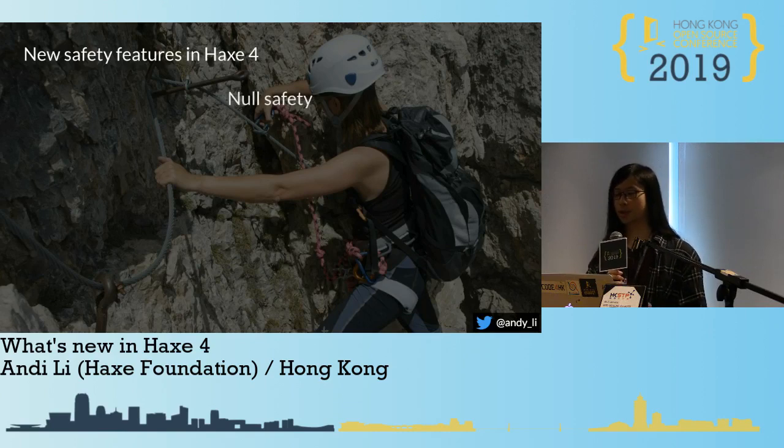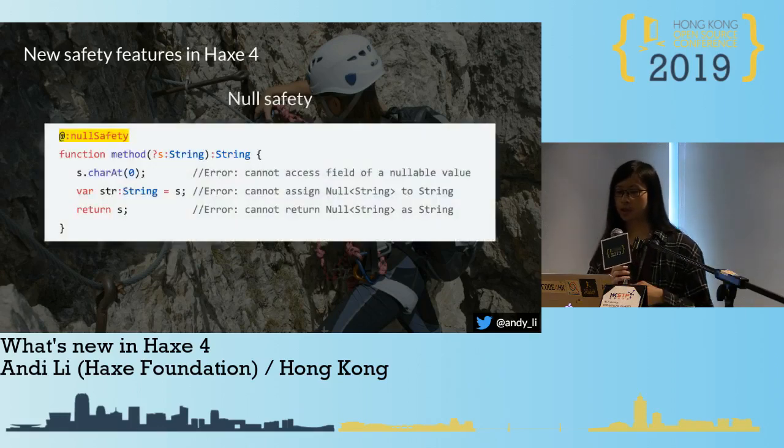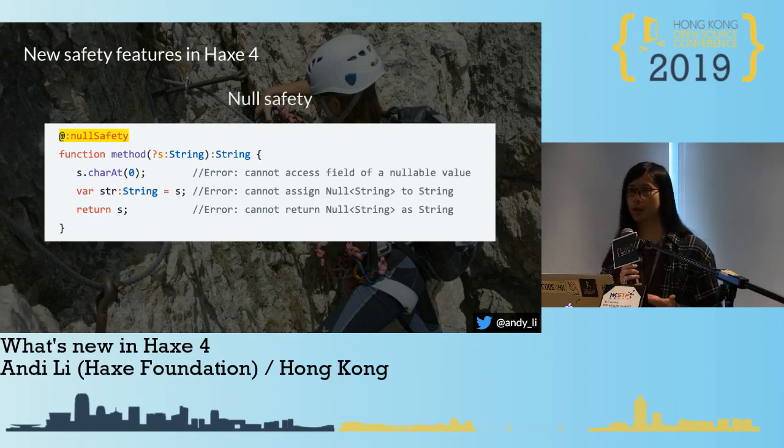Because Haxe is heavily inspired by Java, and we also have null values, we have to introduce some features to let the compiler check whether a variable is possibly null or not. This feature is an opt-in feature, so you have to enable it by attaching metadata in front of a class or method, or you can enable it using a compilation argument.